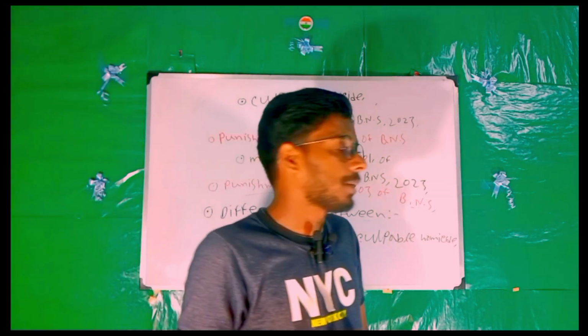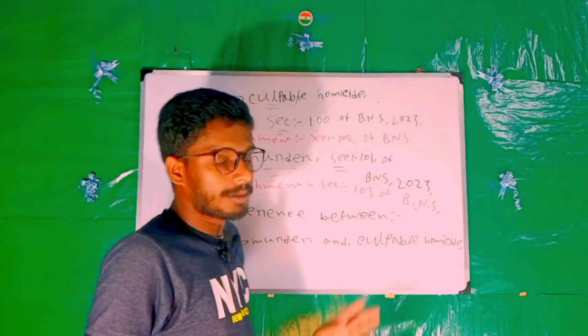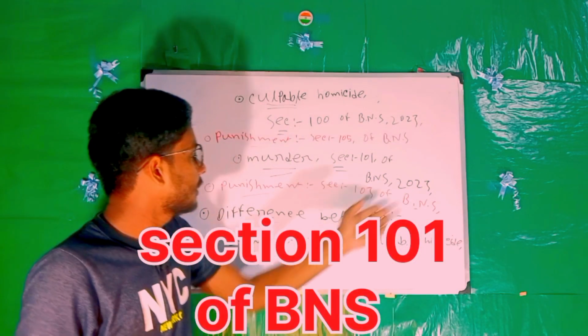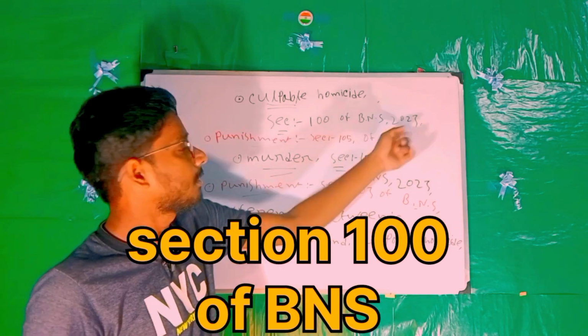After that, I will discuss the difference between murder and culpable homicide. Murder is defined in section 101 of the BNS, and culpable homicide is defined in section 100 of the BNS.